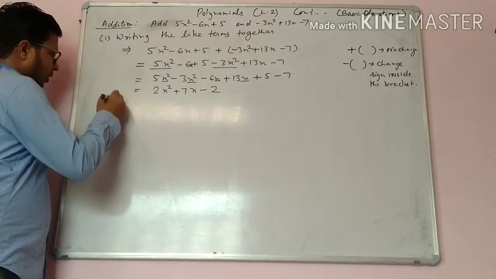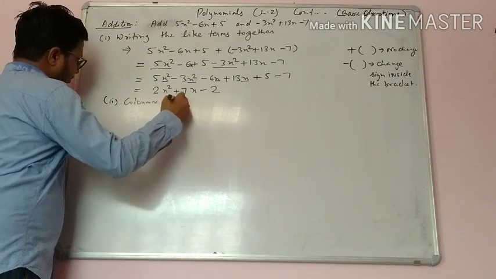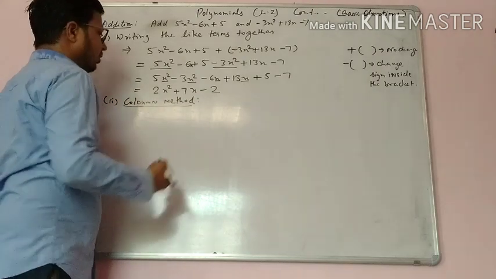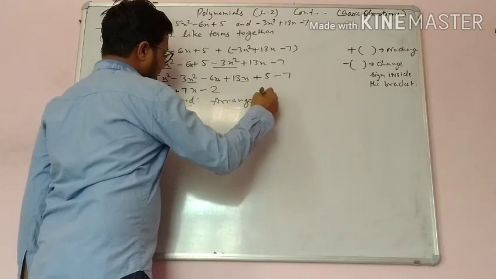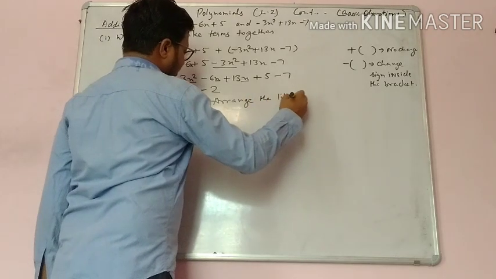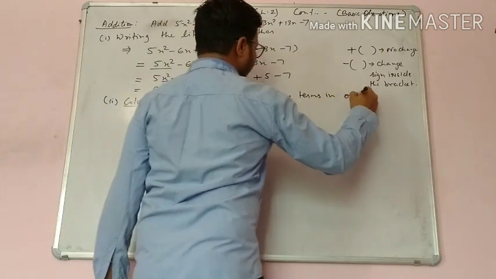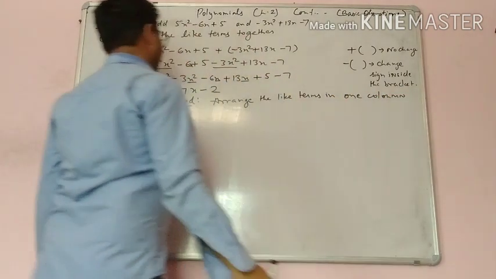The second one is the column method. That is based on arranging the like terms in one column. Clear?